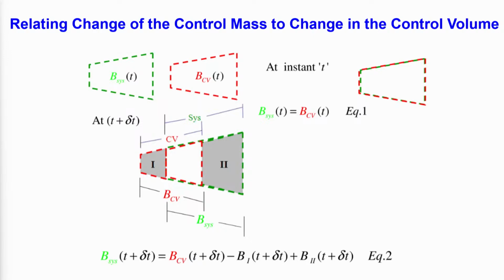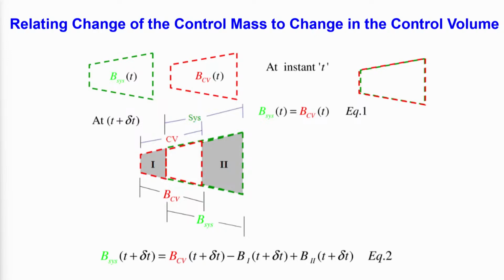So, at t they are coincident. At t plus delta t, if you see the last equation, which is equation number 2, your B of the system is B of the control volume, which is the red colored thing, at time t plus delta t, minus your B at 1 at t plus delta t, and plus B at 2 at t plus delta t.